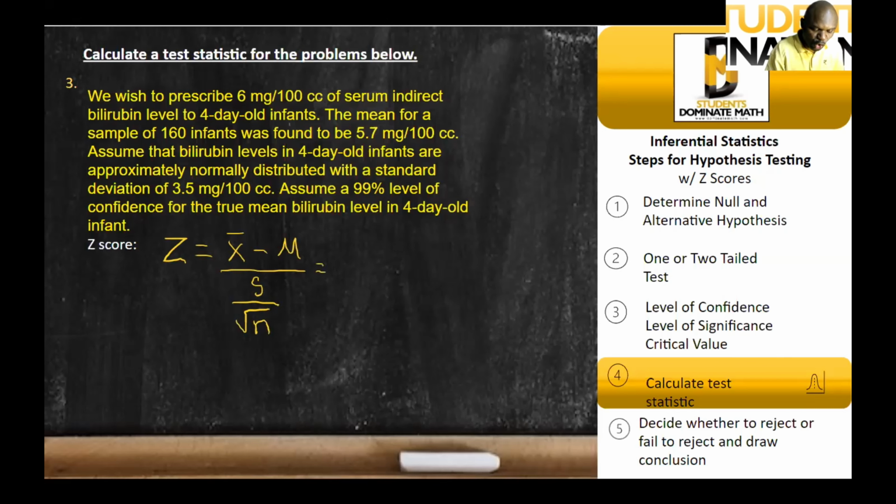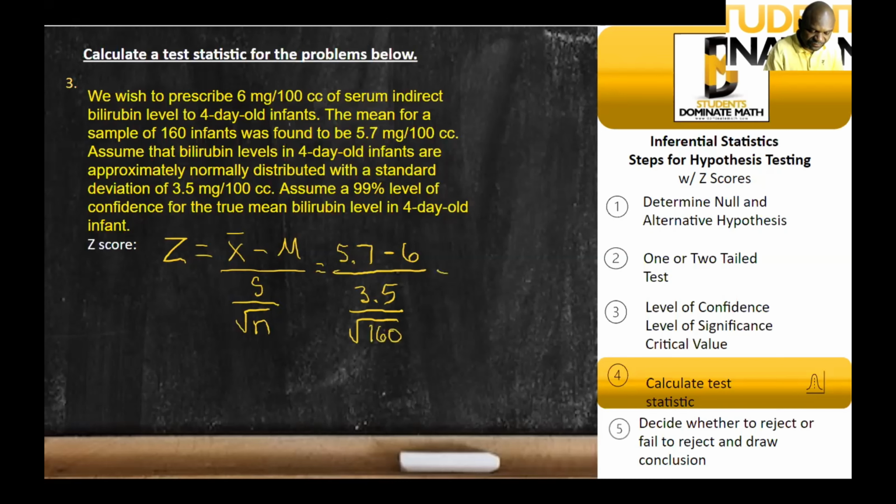It's below the mean, so we're going to end up with a negative z-score. The standard deviation was given as 3.5 divided by the number of people polled, I think that was given as 160.